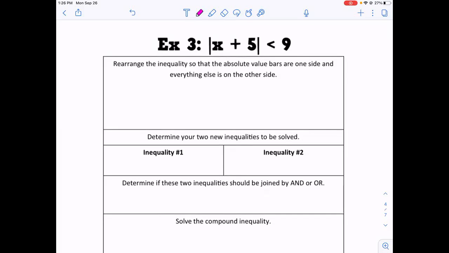So we have the absolute value alone on the left side, so there's really nothing else that we need to do. Now let's split it up into the two inequalities. Remove the absolute value bars, and we're going to keep the inequality the same.